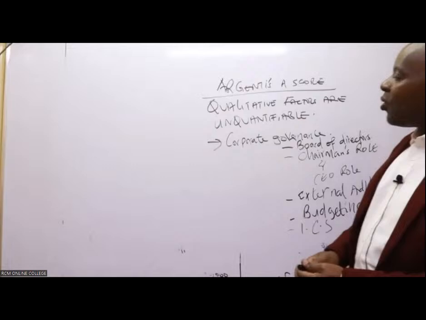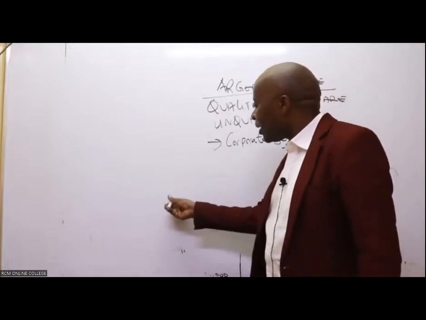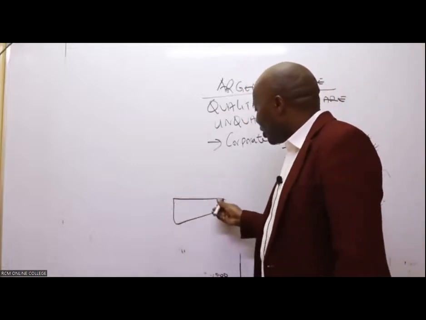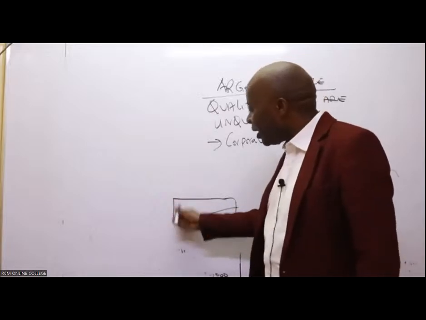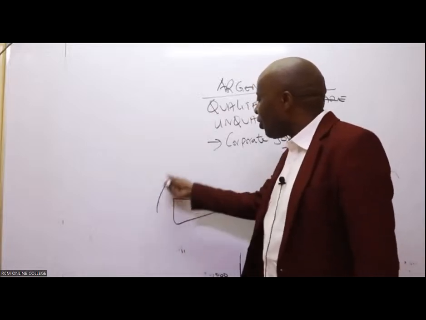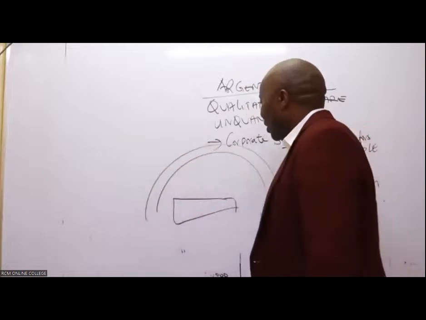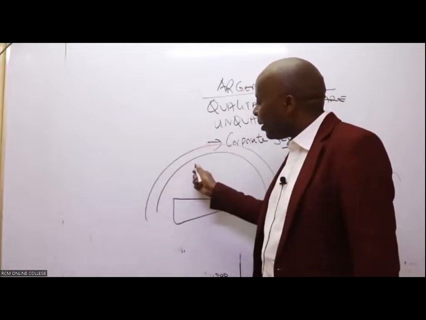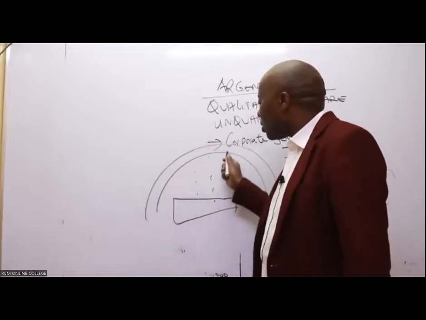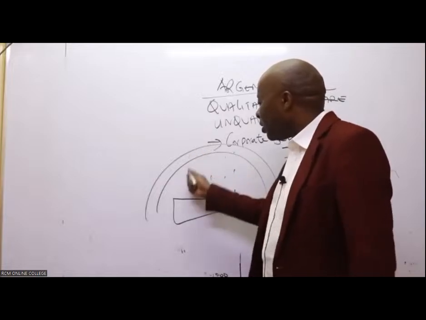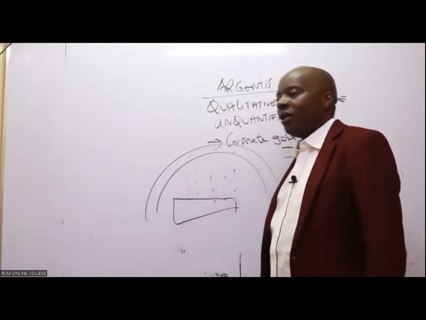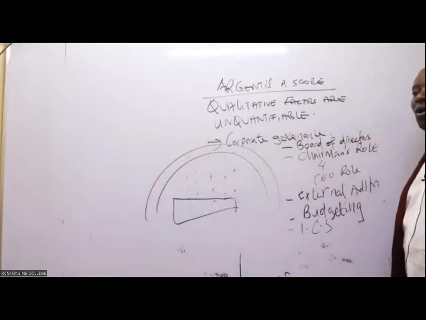Remember, internal control systems are those systems that we put in place. If this is the company, we put some kind of an umbrella to ensure that this organization is not rained on.